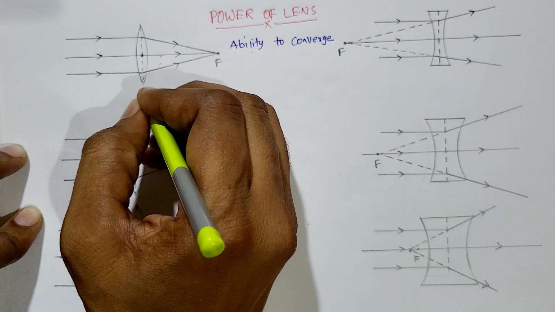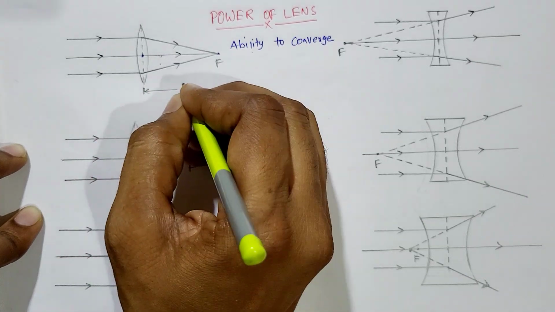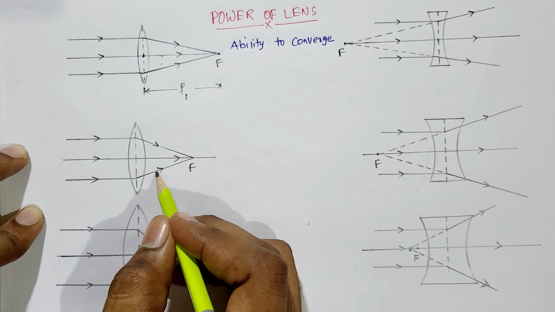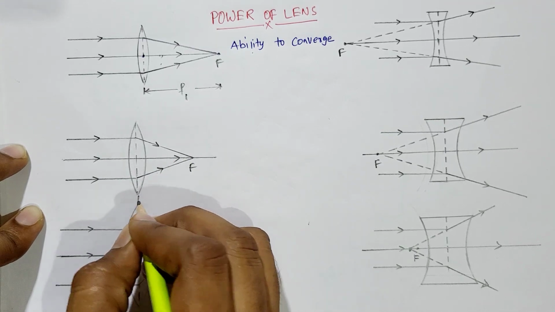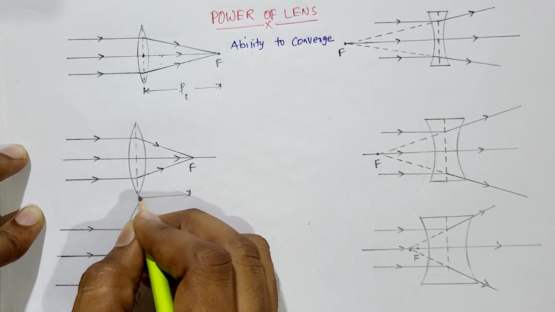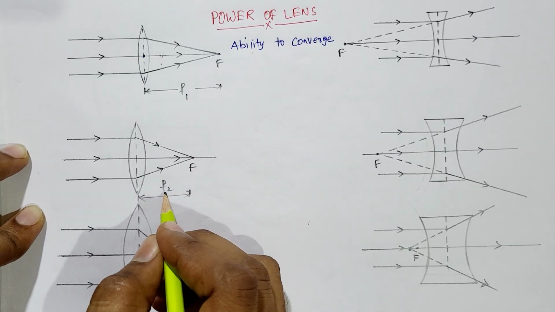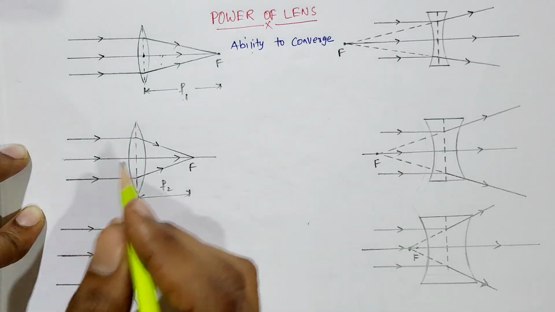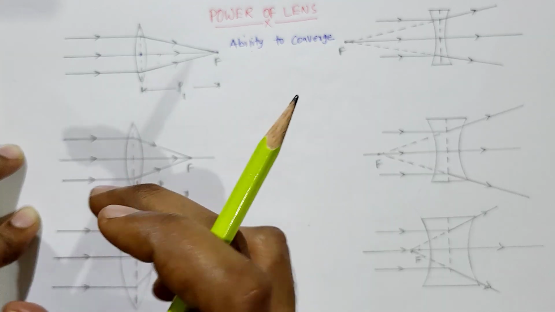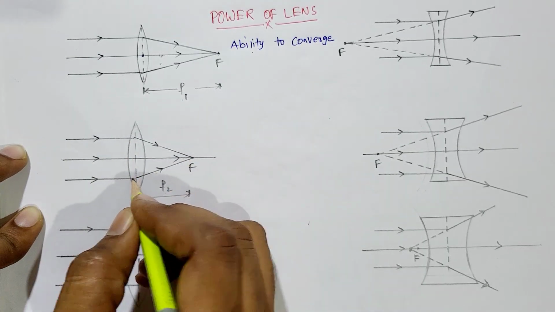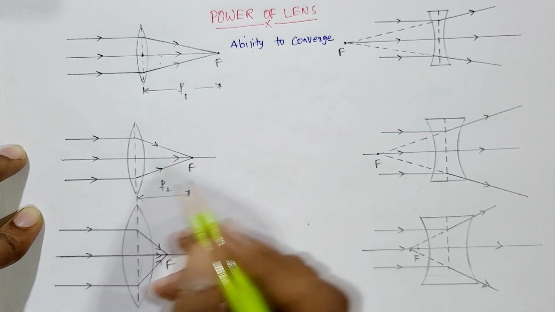So let us take this as the focal length of this lens, f1. Now if you look at this lens, it is able to converge all the parallel beam of light rays at a nearer point. f2 is lesser than f1. So this lens has more ability to converge a parallel beam of light rays. So it is able to converge the light rays at a nearer point.